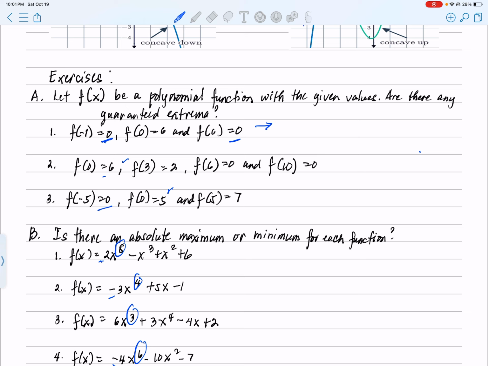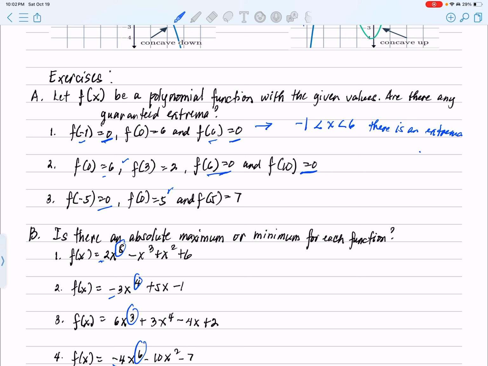All right. So what is the interval here? We have the function when it's -1 and when it's 6. That is the interval. Okay. So there is an extrema within that interval. Here, we found a 0, f of 10 is 0, f of 6 is 0.